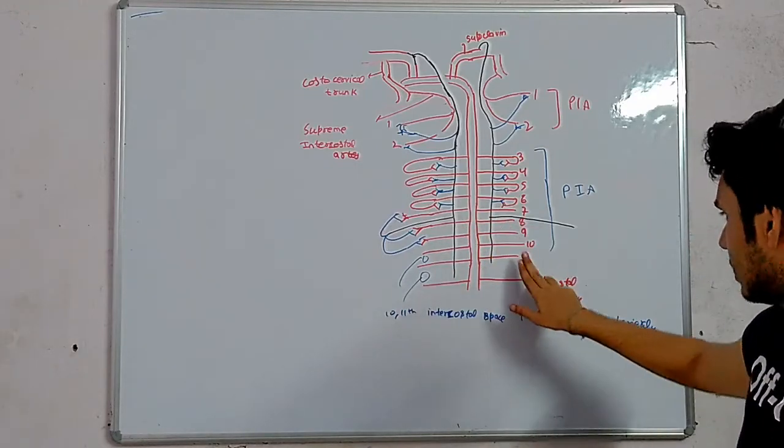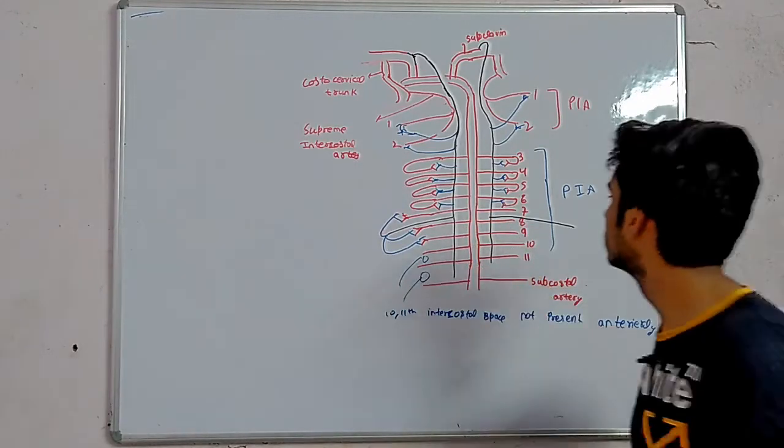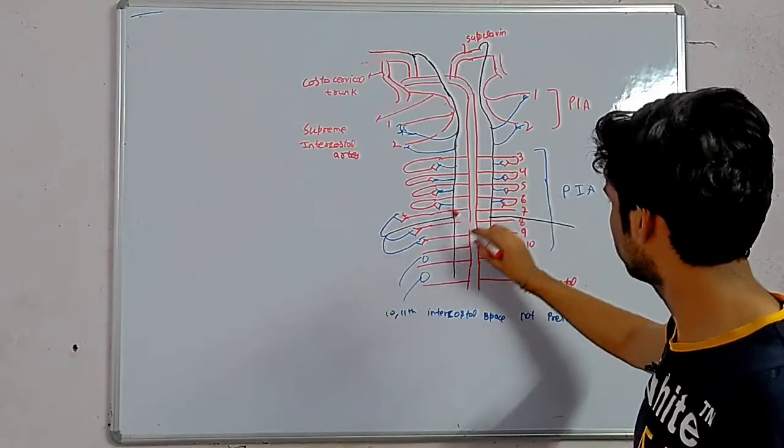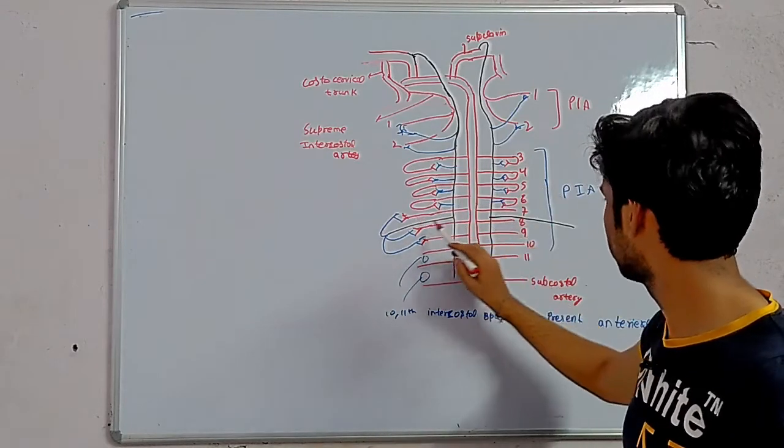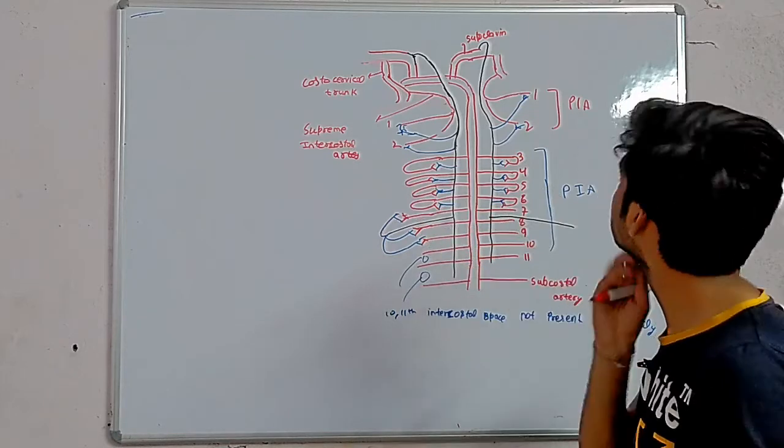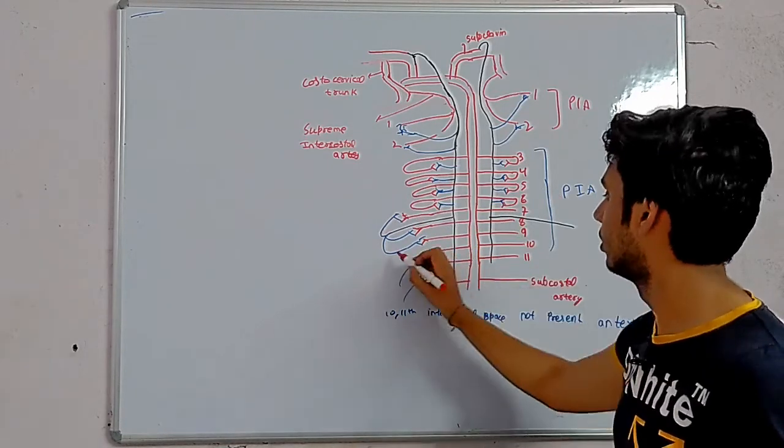Then these are not formed: 11, 3, 4, 7 and 10 also.